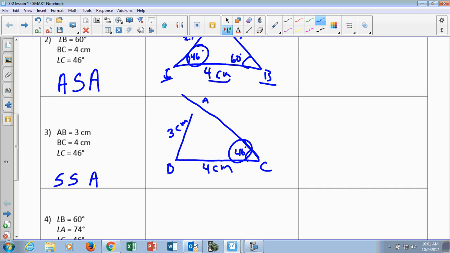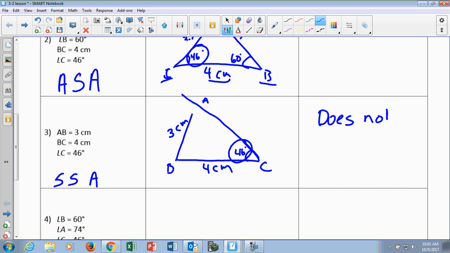The sides are the same, so how come this doesn't work? You could have drawn this a lot of different ways, but your sides won't add up, so this is not a congruent triangle.